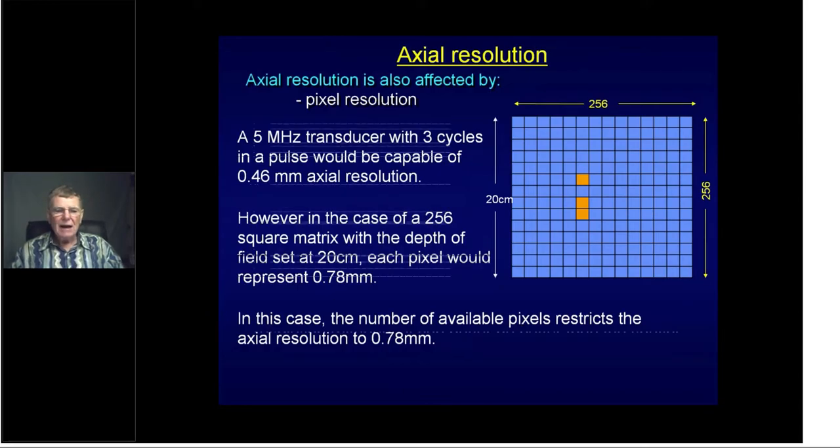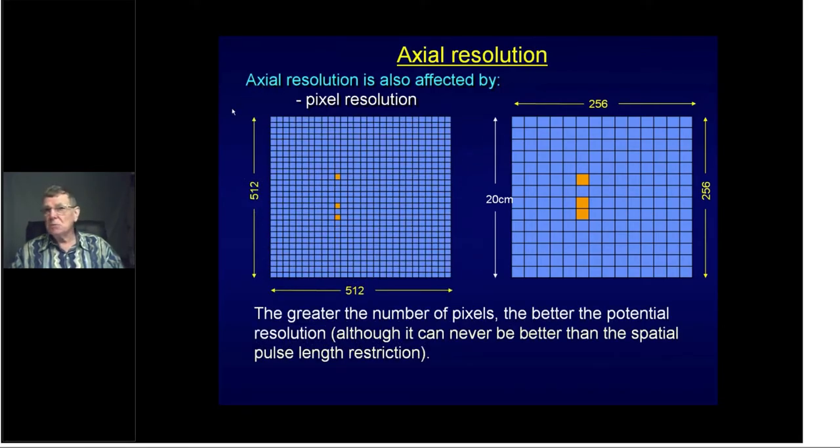Okay. However, if you used a much better, more modern image memory, if that was in your machine, and the more common memories now are 512 by 512 pixels.